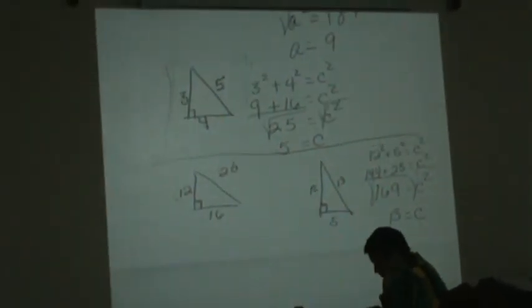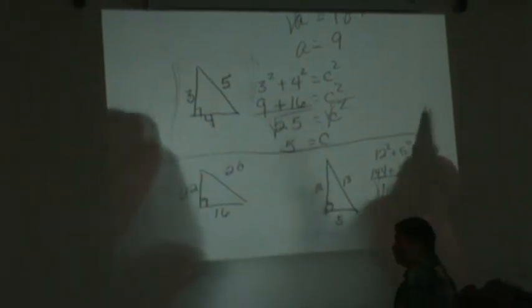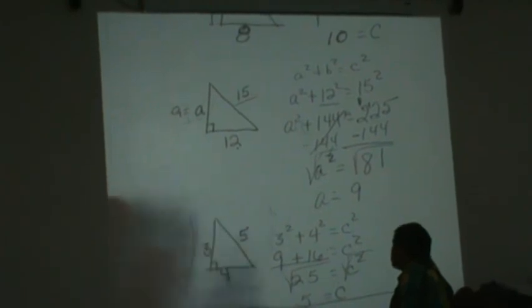What they used to do, the old farmers back in the days, using this theory right here, they got a rope and divided it into 12 equal parts. Okay, you have 1 segment, 2 segments, 3, 4, 5, 6, 7, 8, 9, 10, 11, 12.